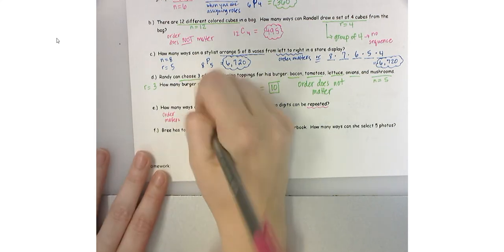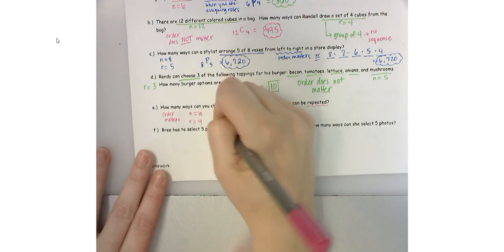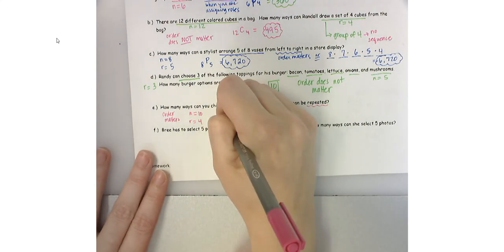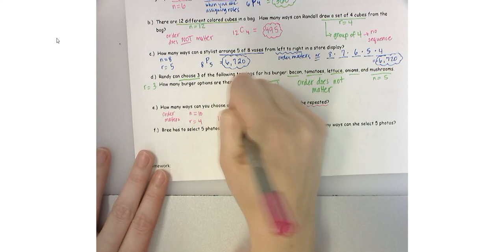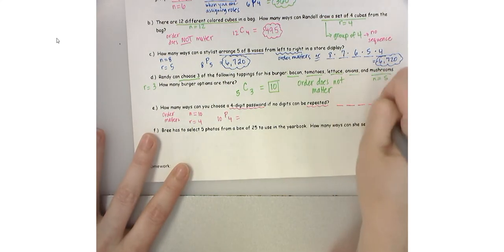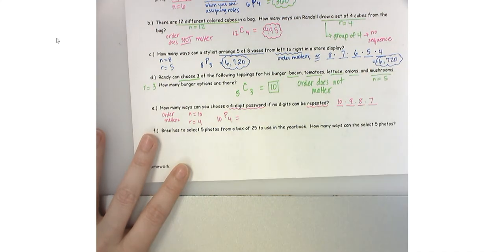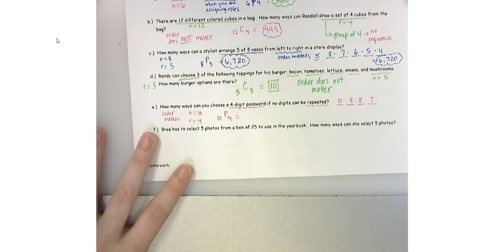All right, and then the last one. Bree has to select 5 photos from a box of 25 to use in the yearbook. How many ways can she select 5 photos? Now, again, it's how many ways can she choose 5 of the 25. It's not talking about a layout here. It's just out of the group of 25, she's picking 5.